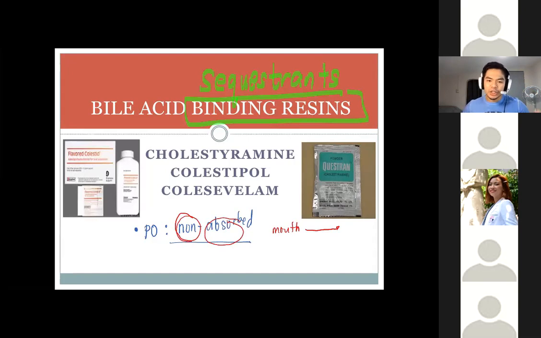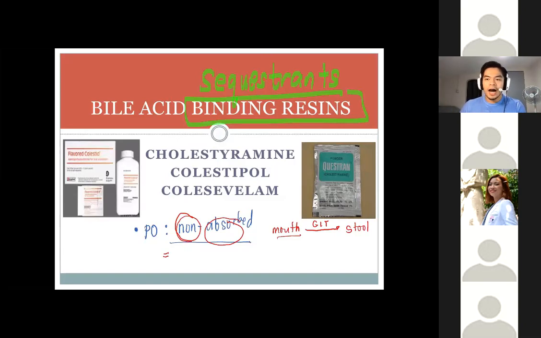But in the case of sequestrants, para lang siyang dumaan sa GI tract mo and then sasama na siya sa stool. Itatae mo na lang siya. Hindi siya pupunta sa iba't ibang parts ng katawan natin. Na-gets yung term na non-absorbed? Okay, very good.